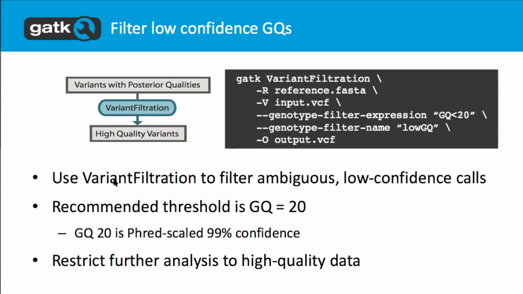Anything below that, we're not sure enough to be able to use it. And so this is just a step of annotating those genotypes with a filter that we can use later in downstream analysis to ignore those particular variants because they're not informative.